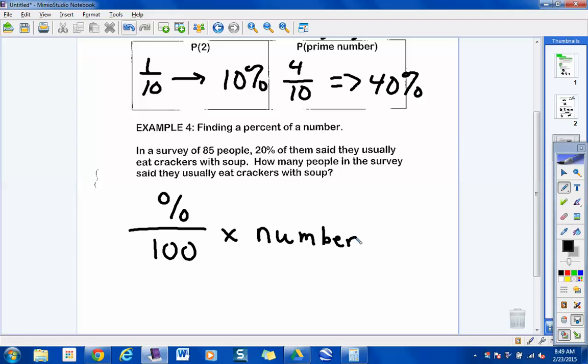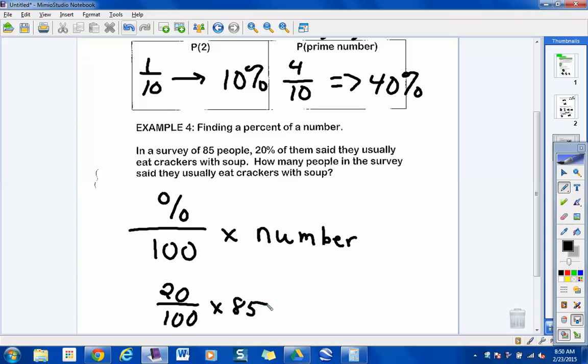So what I'm going to do here is this, guys. What percent are we talking about in this problem? We're going to take 20 and divide it by what first? 100. And what we're trying to do is find 20% of how many people in the survey? 85. So I'm going to take that 20 divided by 100 and then multiply by 85.